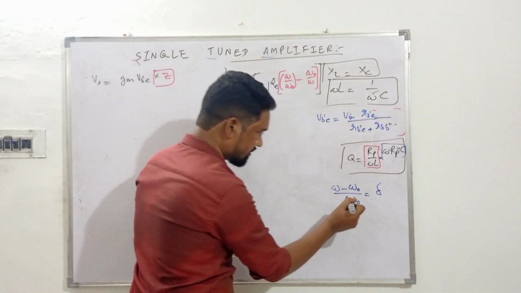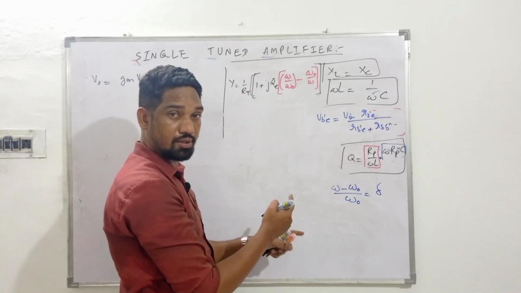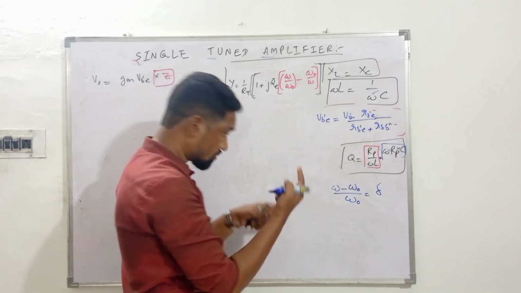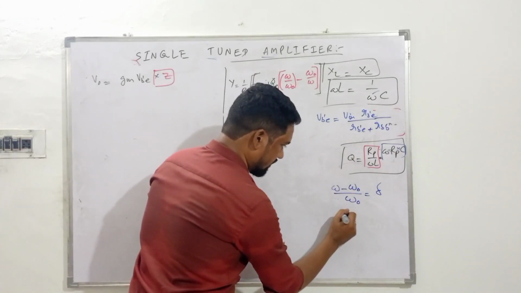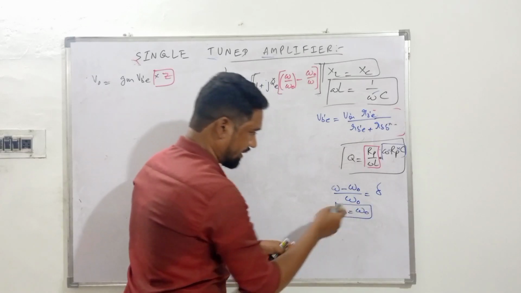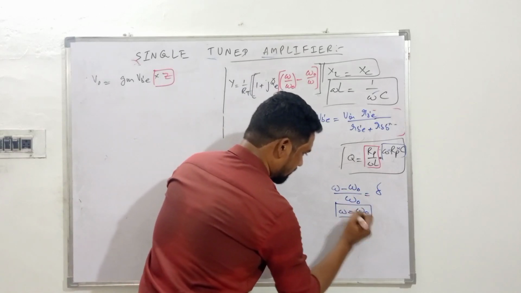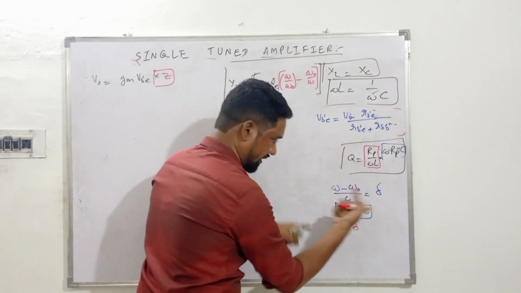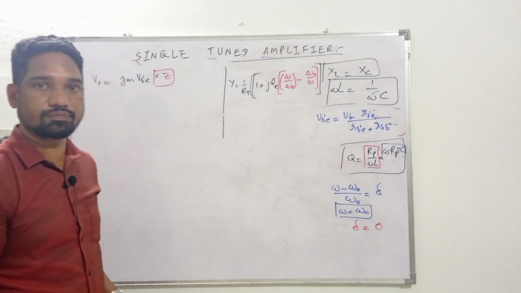And at resonance, I've told you in the beginning itself, omega will be equal to omega naught. So at resonance, del will be 1 minus 1, that's 0, isn't it? So del will be 0 at resonance, remember.